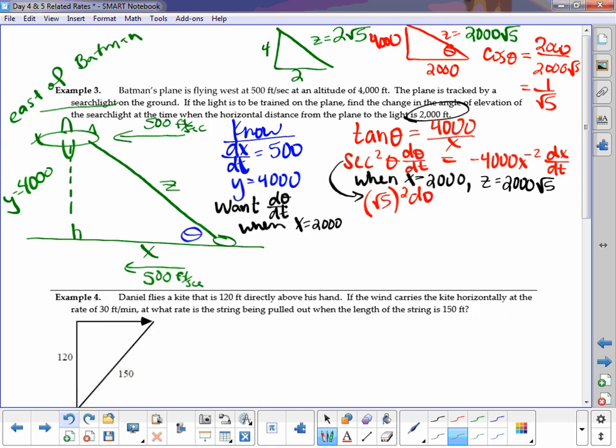I don't know d theta dt. Let's see, over here we get negative 4,000 over x squared. X is 2,000, dx dt, and dx dt was 500.